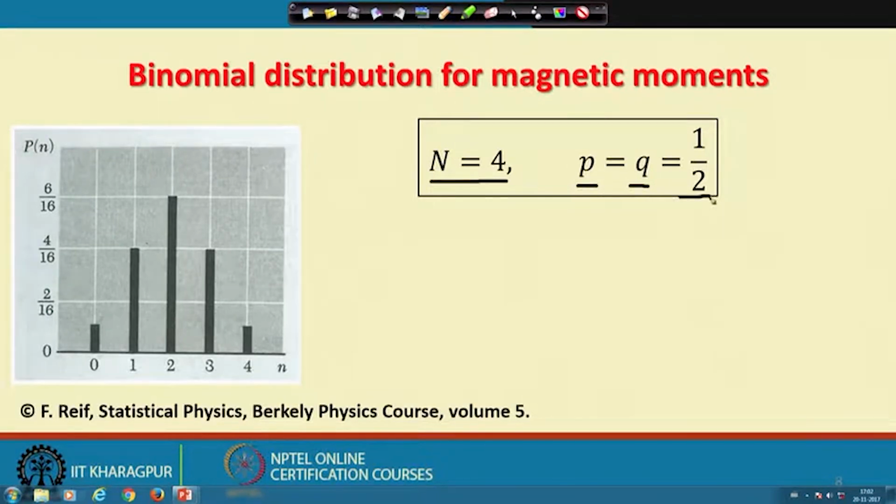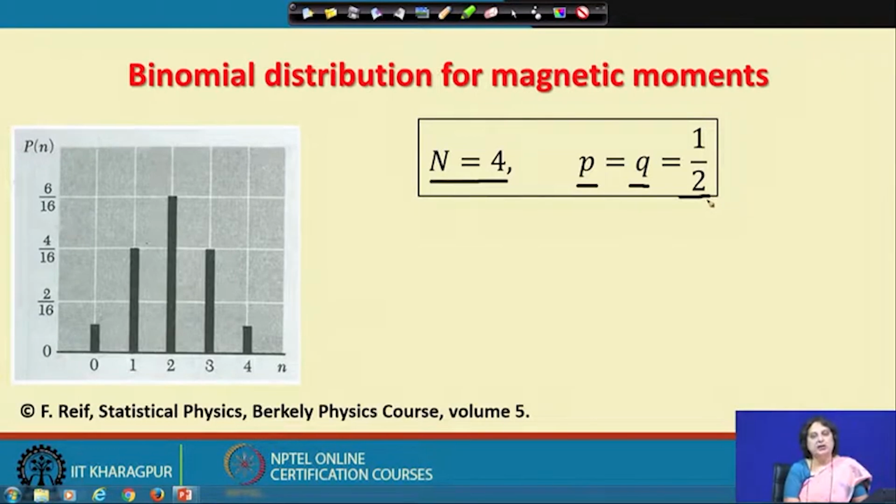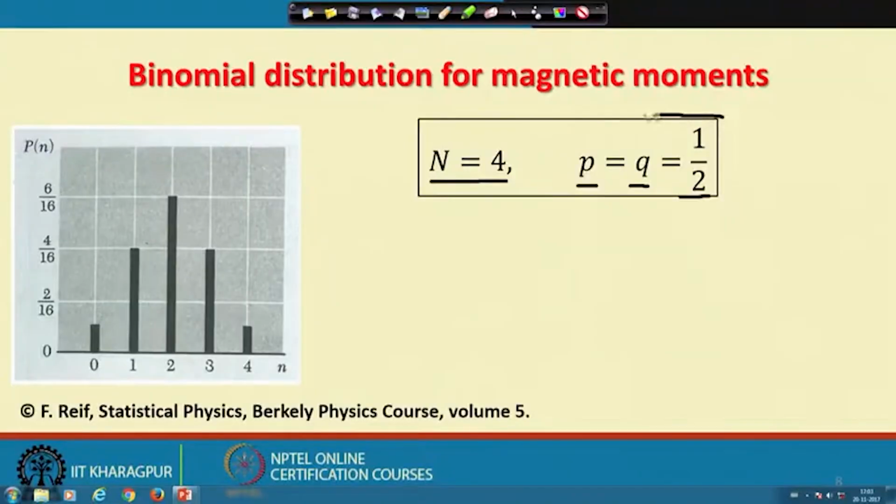And what does it mean? It means that I am now considering the 4 spin-half particles in the absence of any external applied field. As a result, there is no preference for any given orientation parallel or antiparallel to the field, and as a result, now p is equal to q, and this value can only be equal to half.